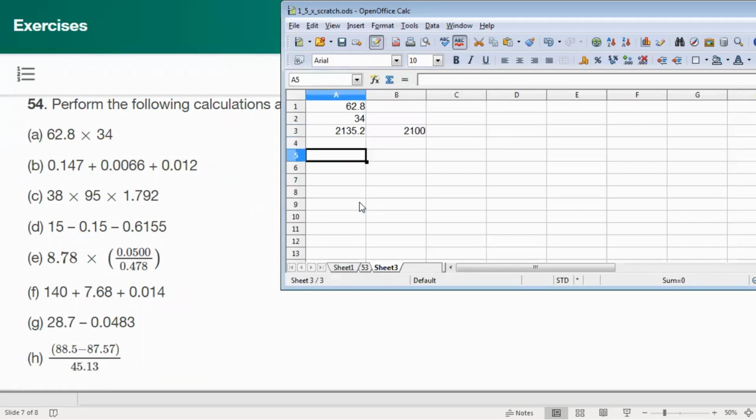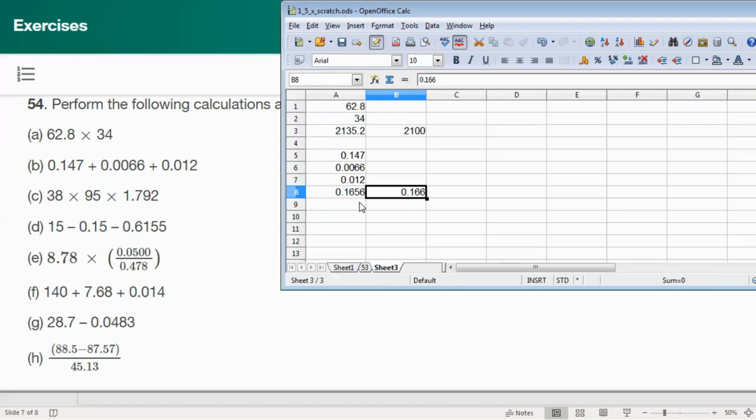Again, I'm just blasting through these. 0.0066 and 012. We want to add them all up. So this should be the one with the least number of places past the decimal point. So I would say the answer is 0.166.